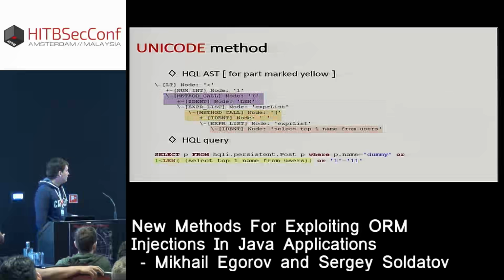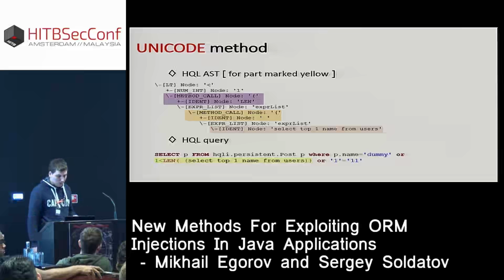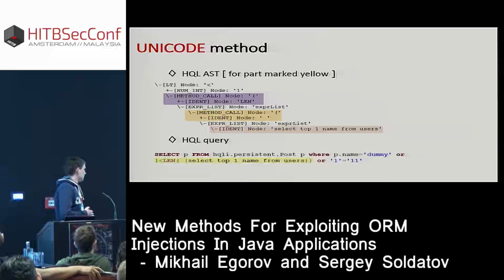Here is the HQL AST for the part of the HQL query that contains Unicode symbols. This part is marked yellow on the bottom of the slide.